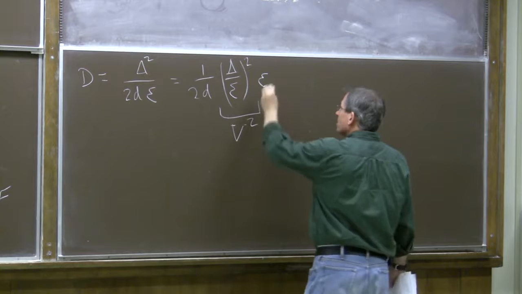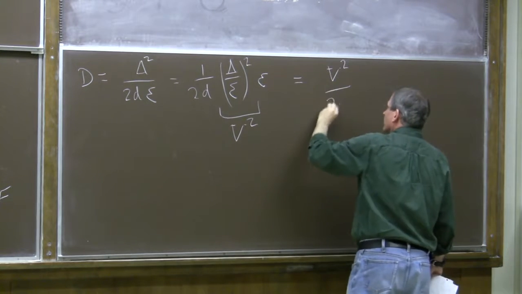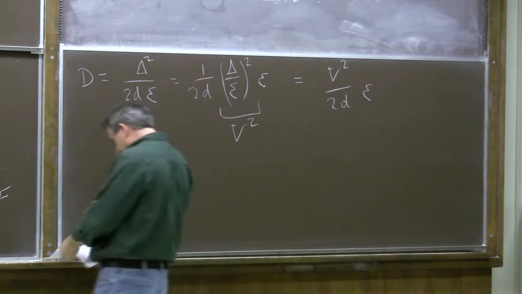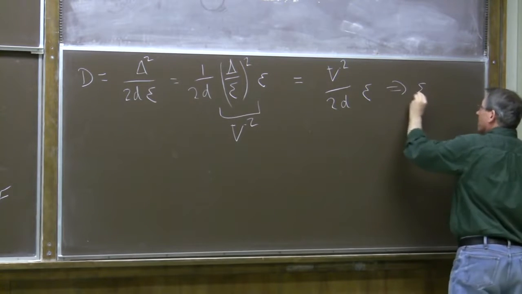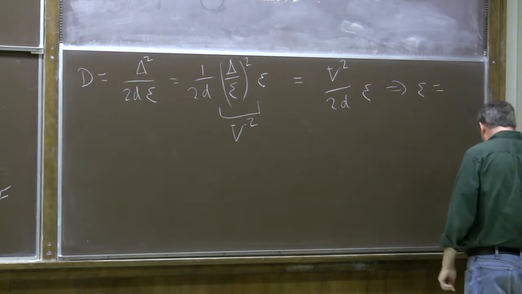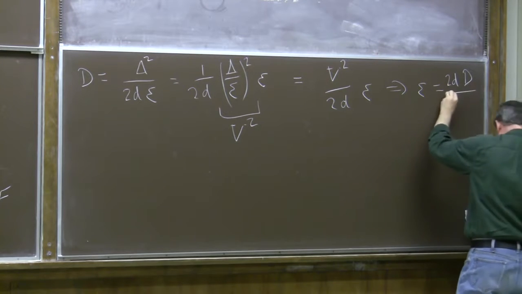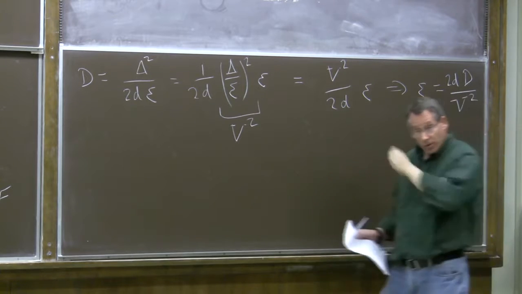So that means, since this is v squared over 2d epsilon, I can write epsilon in terms of the diffusion constant.